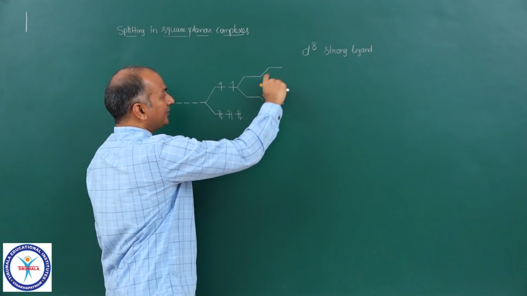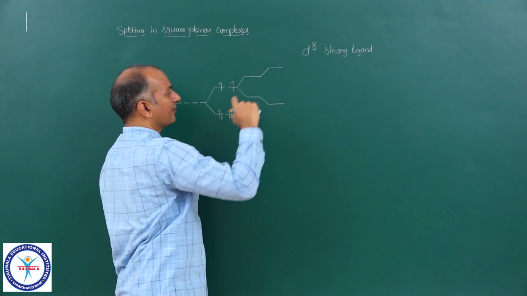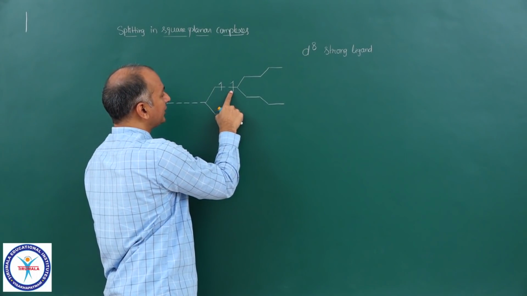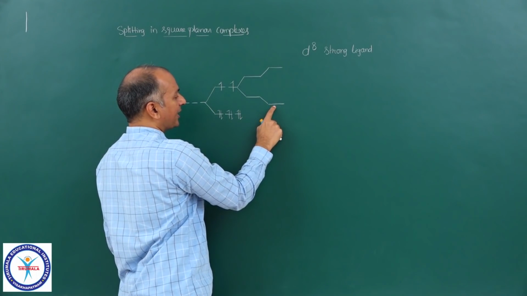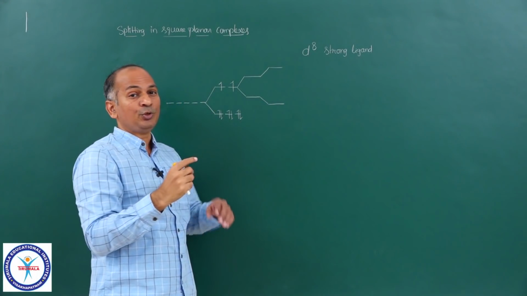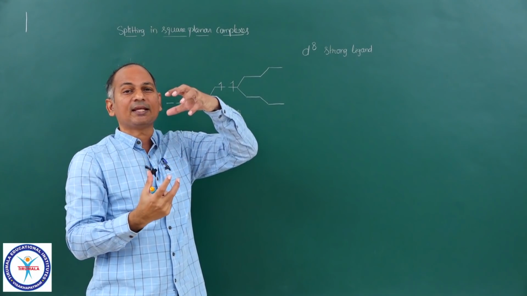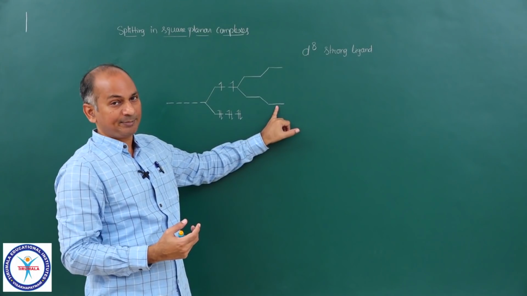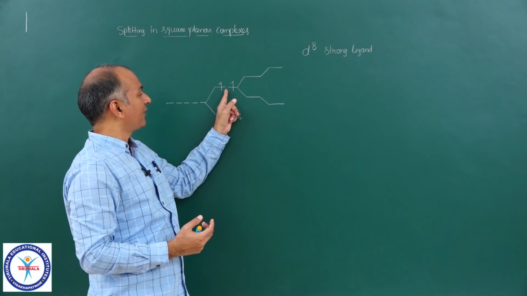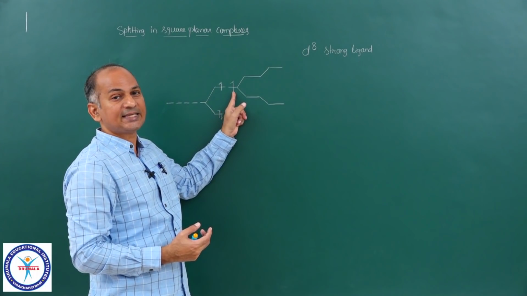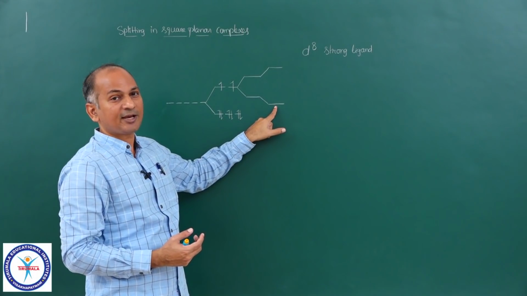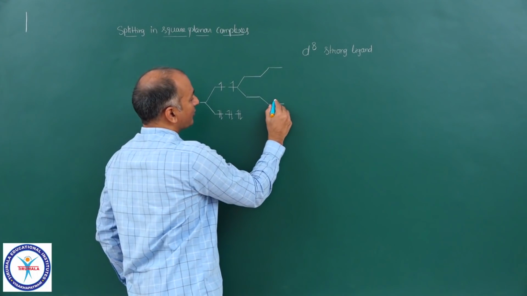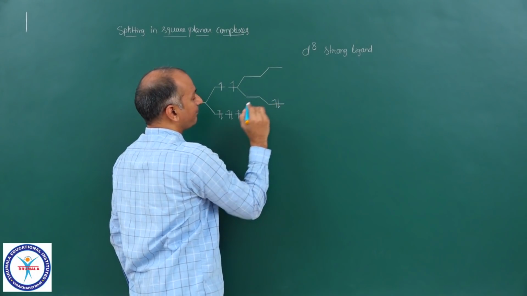Now this energy is very high, so both these electrons will come here, because when you remove the two ligands along the z axis, this is the new d orbital splitting. So those that were present in the eg set will now come to this orbital, because that is the lower energy orbital.